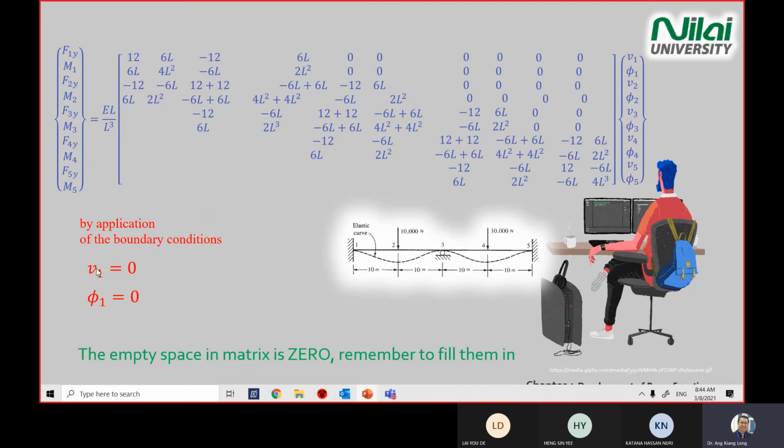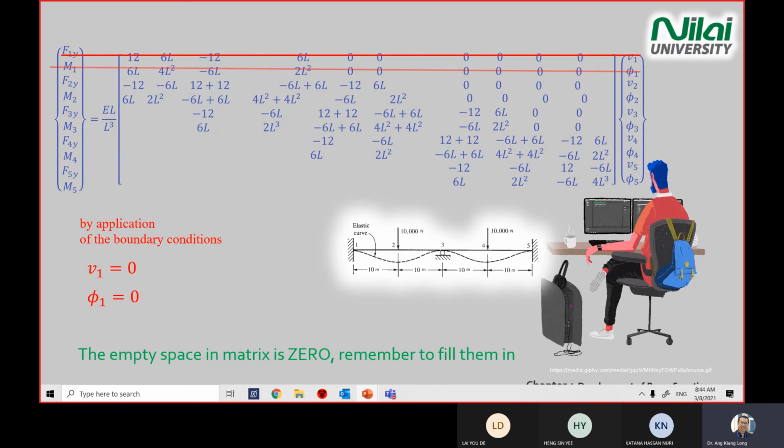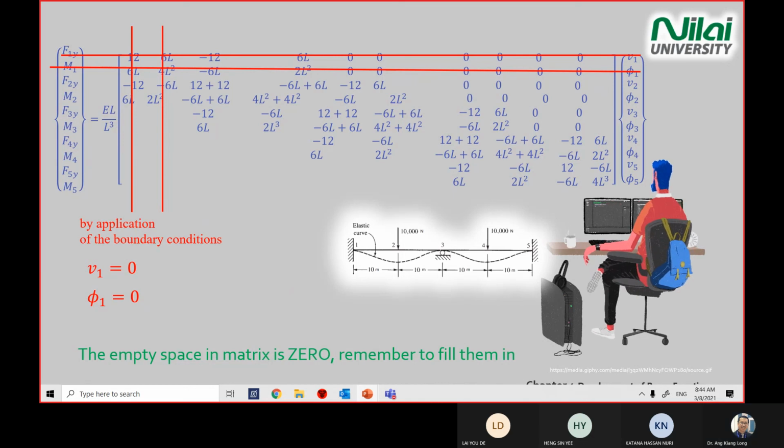So point 1, V1 is 0, rotation is 0. So you can close the respective row and column in the global matrix up there. I did it with the red line, that's what you see on the screen. I close these two rows, and then I close the 2 columns on the screen. We are starting to apply the boundary condition already.